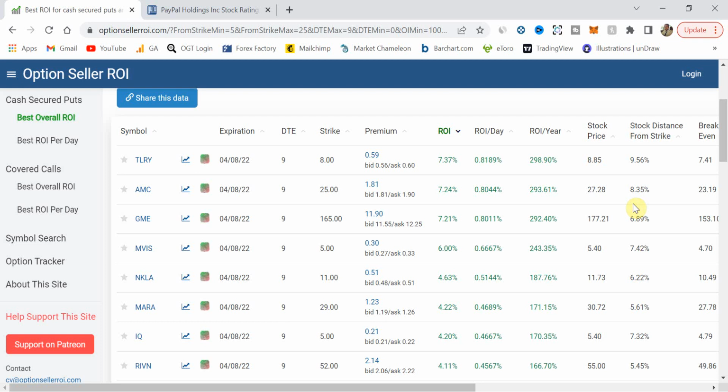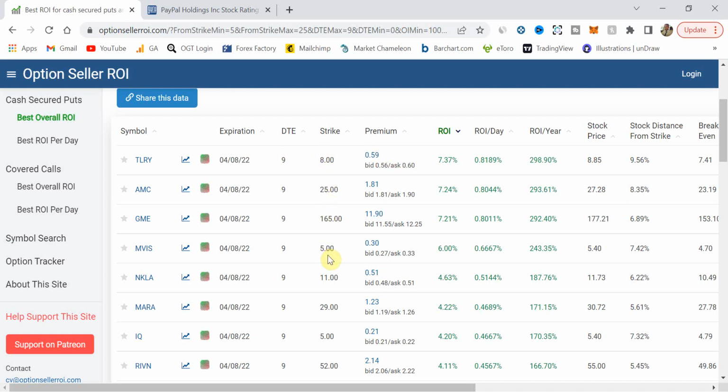to the current price. So if you want to invest in Tilray, look at your return on investment, because even if you're making 7%, 10%, 9.5% away from the price, you could be making 4%, 15% away from the price. 4% return in 9 days is still great, but then you protect yourself by going at a lower strike.